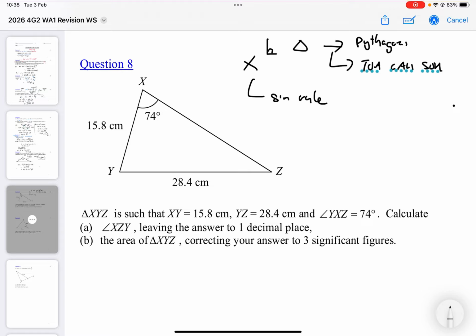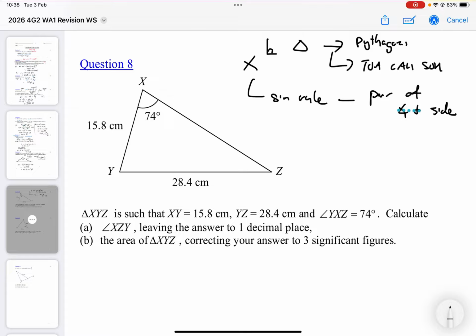Okay, sine rule has a condition. You must have a pair of side and opposite angle that you know. You definitely need a pair of angle and side that are opposite each other.